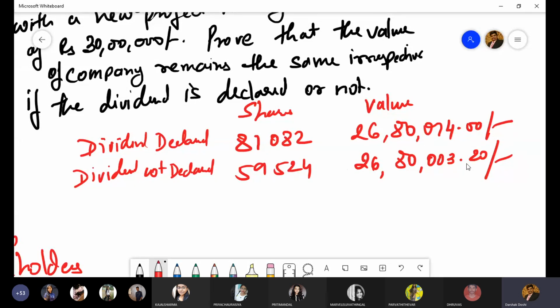And you will write down the standard statement that there is a difference because of rounding off.